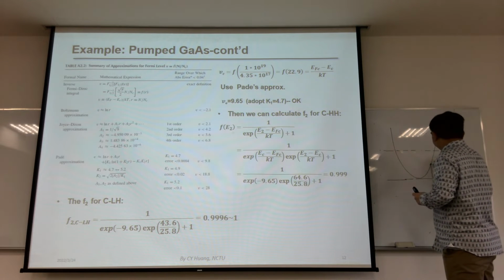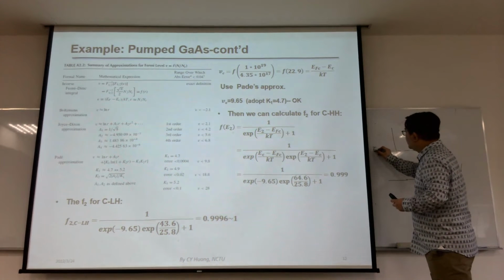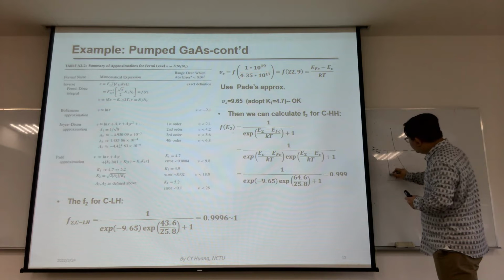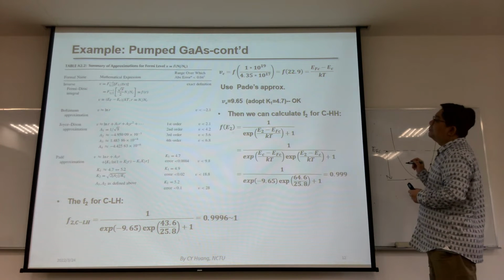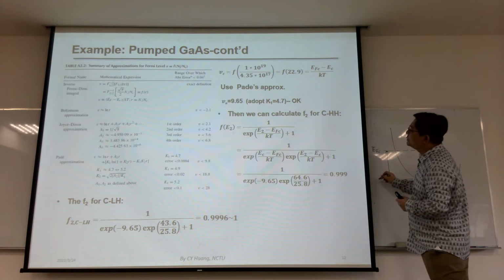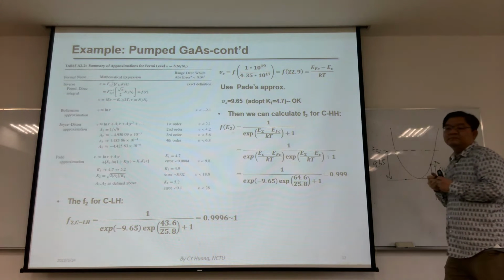So this is E2 and this is EFC. And this distance, EFC divided by EC over KT, is equal to 6.5. Okay.